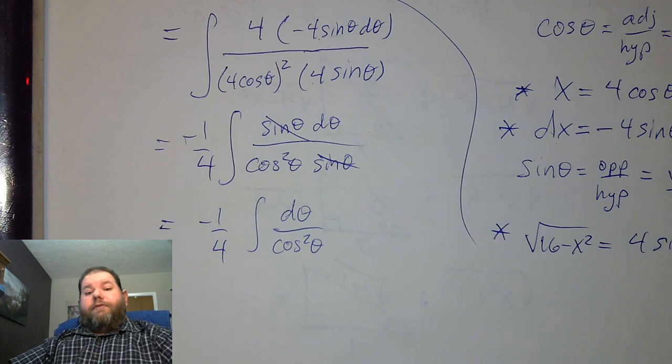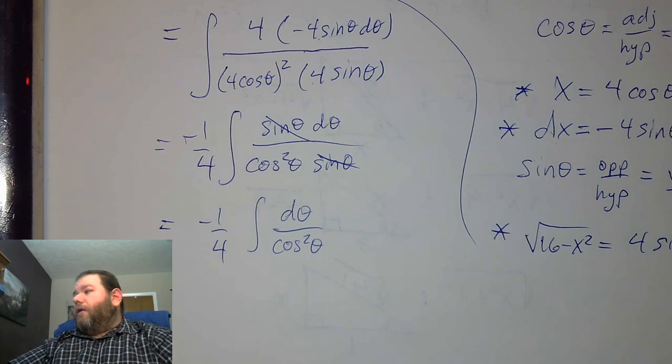So we have d theta over cosine squared theta. Can anyone see how we're going to go about integrating d theta divided by cosine squared theta? Or is there a way that we can change that to something that's easier to work with?